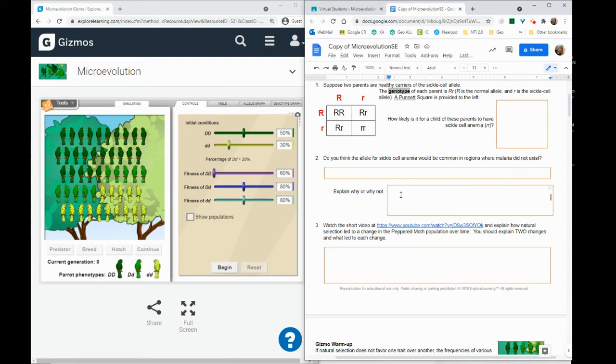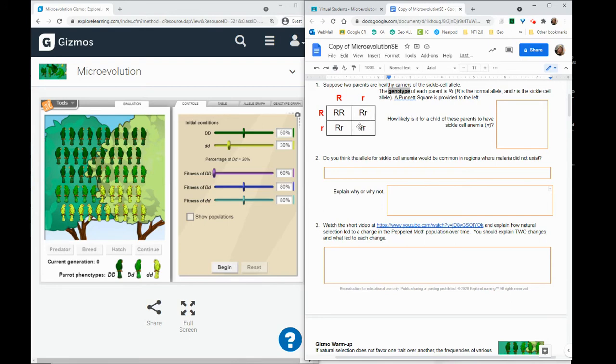If there was no malaria in the area, there's no benefit to having a little r. If there's no malaria in the area, being big R, little r is not an advantage to an individual. It wouldn't make that individual any more likely to live longer, any more likely to outlive their peers, because their peers aren't dying from malaria if there's no malaria in the area where they live.